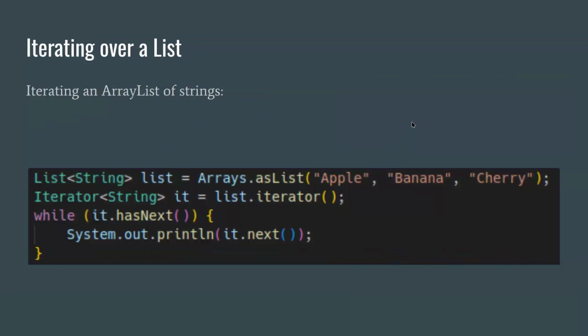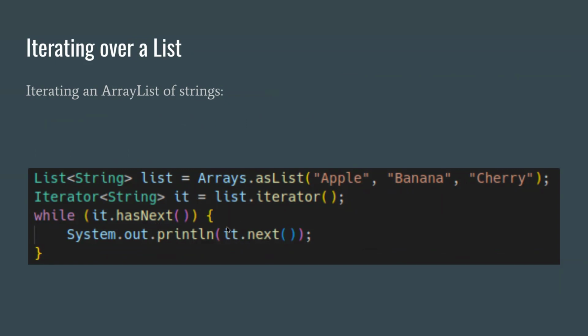Iterating over a list. This is an example we can look at. Say we have a list of fruits: apple, banana, cherry. Then using an iterator, we would declare the iterator. We can loop through each fruit and print it.